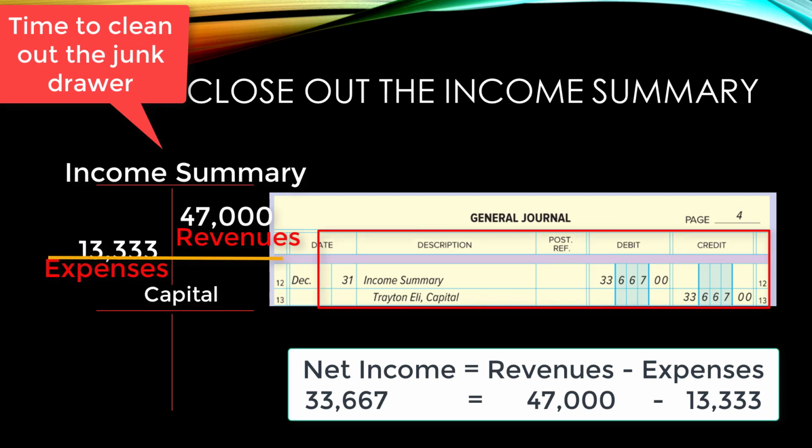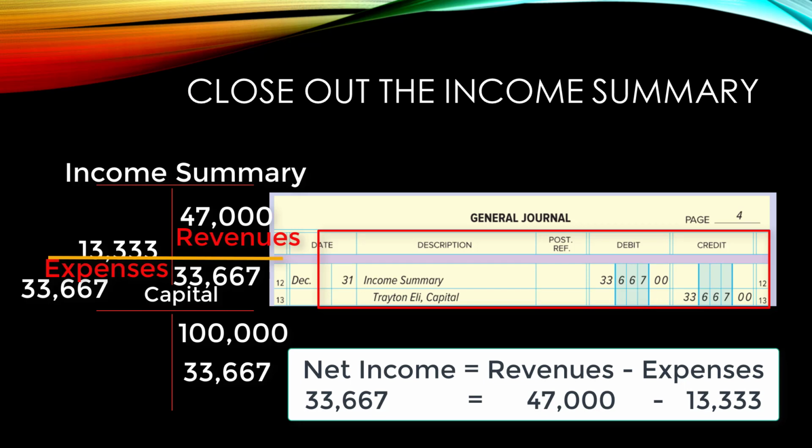In this case, to close out the income summary, we will debit it for $33,667, the amount of the net income, and we will credit the owner's capital account. The owner had an existing capital balance in the account already.